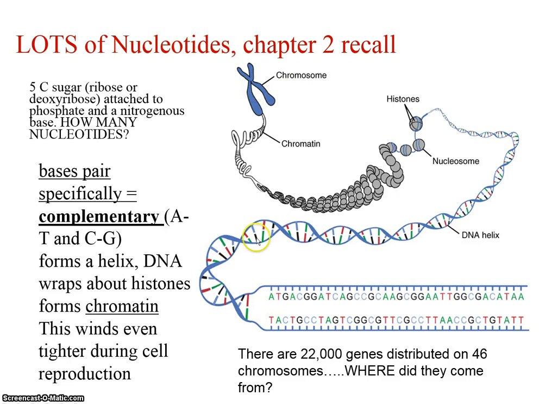So ultimately, your nucleic acids are made of these building blocks called nucleotides: adenine, thymine, guanine, cytosine, right? They have a specific order, and it's that order that determines what amino acids are going to be made from the gene. Okay, here in your book it says 22,000 genes distributed on 46 chromosomes, but other sources are a little bit lower, say about 20,500, maybe 21,000.